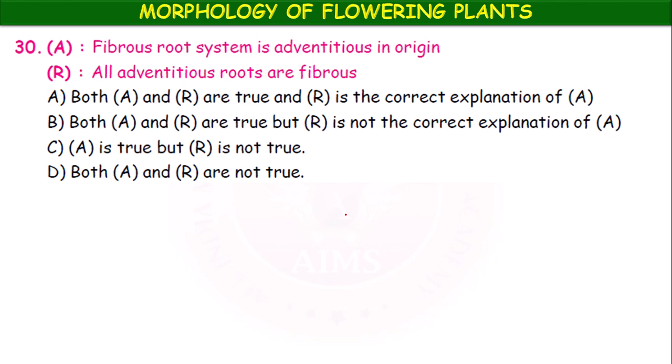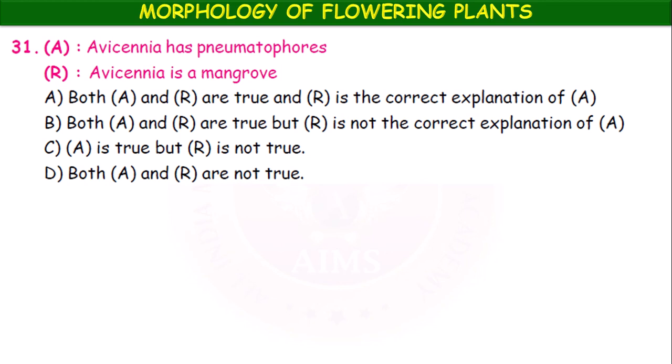All adventitious roots are fibrous roots, wrong. For example, prop roots, only a single root will be their main root. So the reason is not true. Obviously, assertion is true but reason is not true.